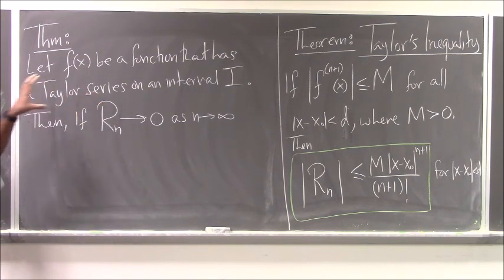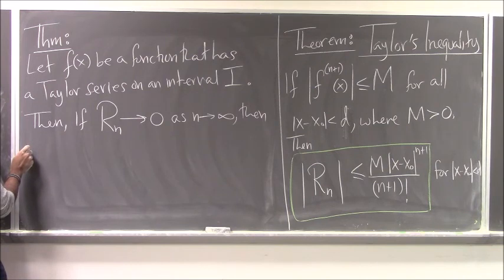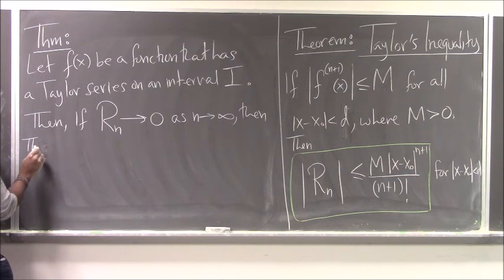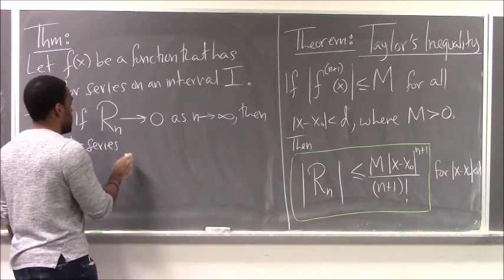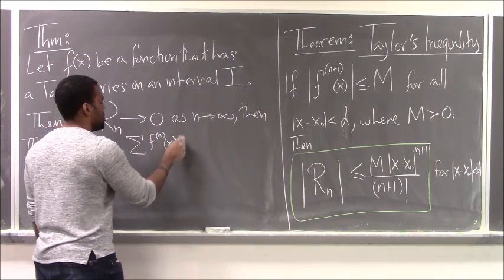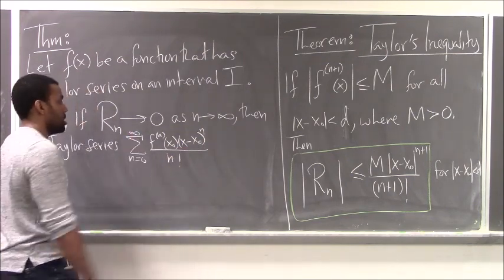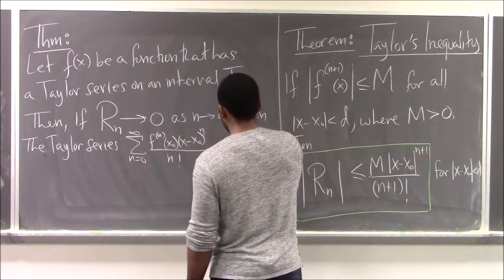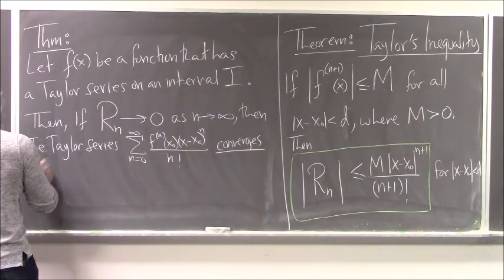So if the form for your remainder term goes to 0 as n goes to infinity, then we can say that the Taylor series, the sum of f to the n of x naught times x minus x naught to the n over n factorial, n goes from 0 to infinity, converges to f of x.